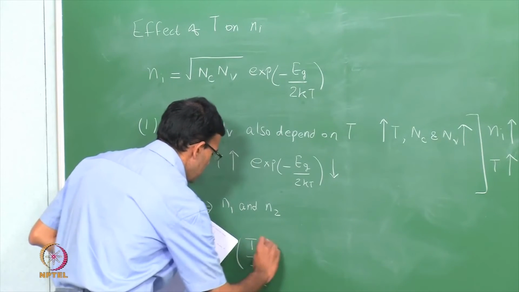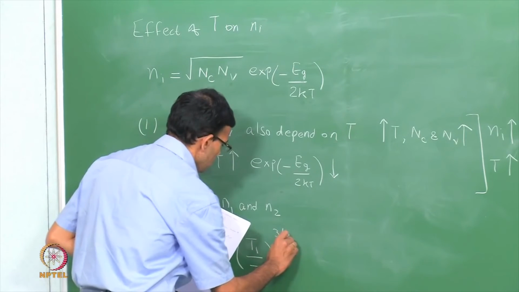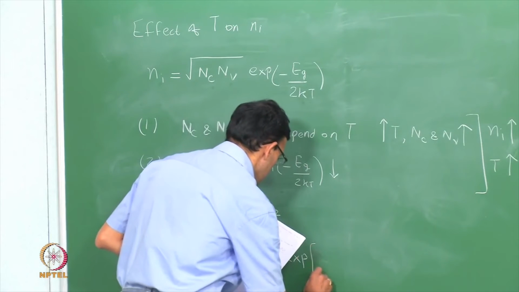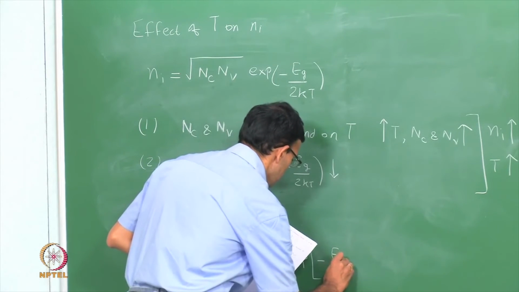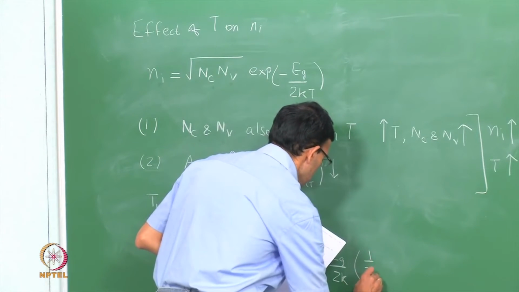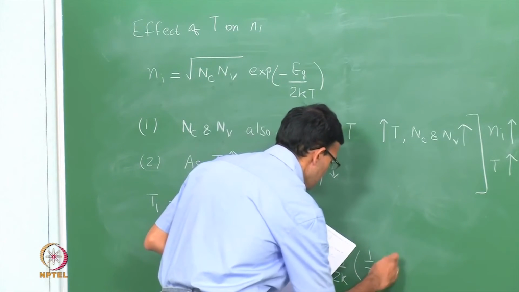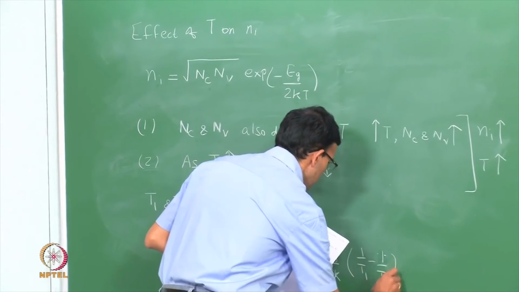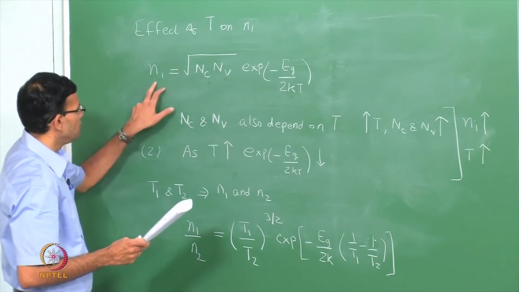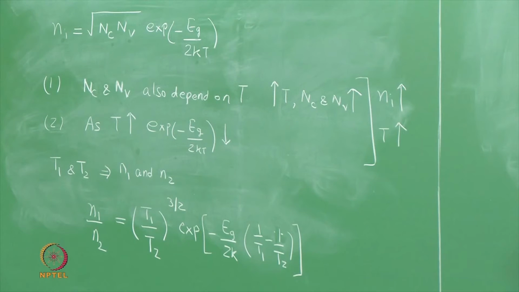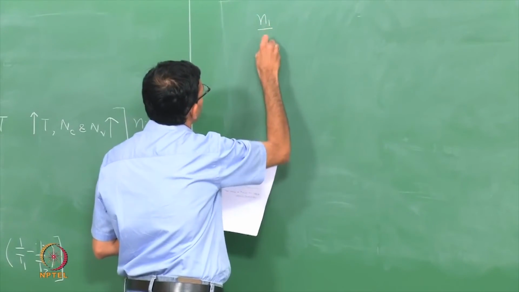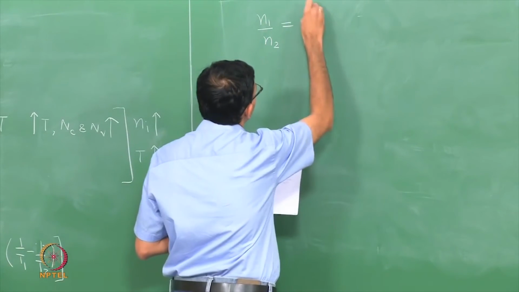It will give you T1 over T2 to some power, times exponential minus Eg over 2k. So, all I did was substitute for N1 and N2 in this expression and then divide. Let me just rewrite that expression, N1 over N2 by T1.